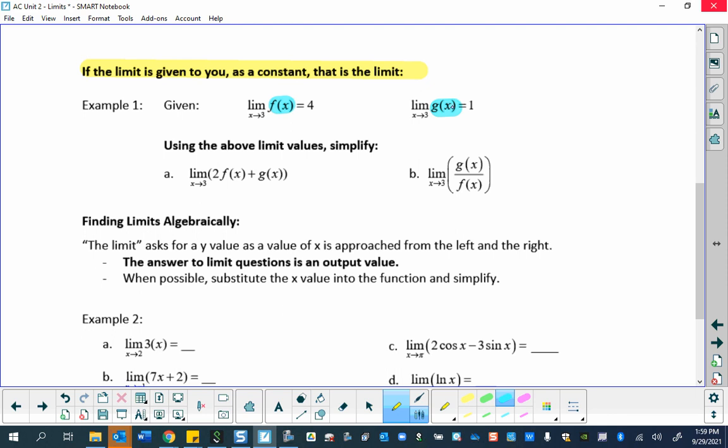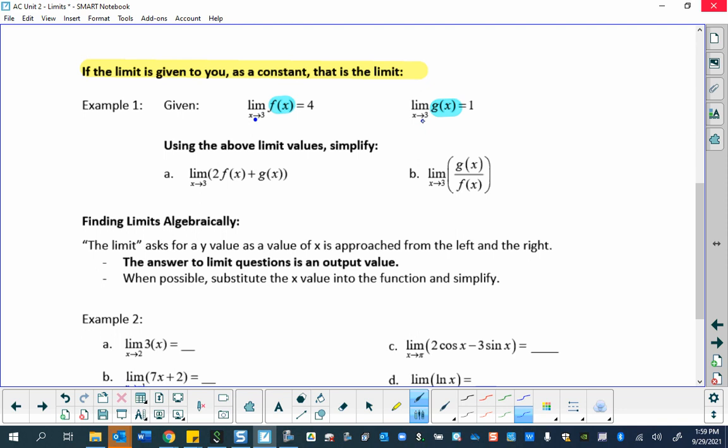Here's the cool thing. We can add and subtract and multiply and divide and do all kinds of calculations with these limits. So one of the things that you're going to be asked to do is to take the given information and process it. All right. So first of all, make sure that your limits match the limit as x approaches 3 for f and g.